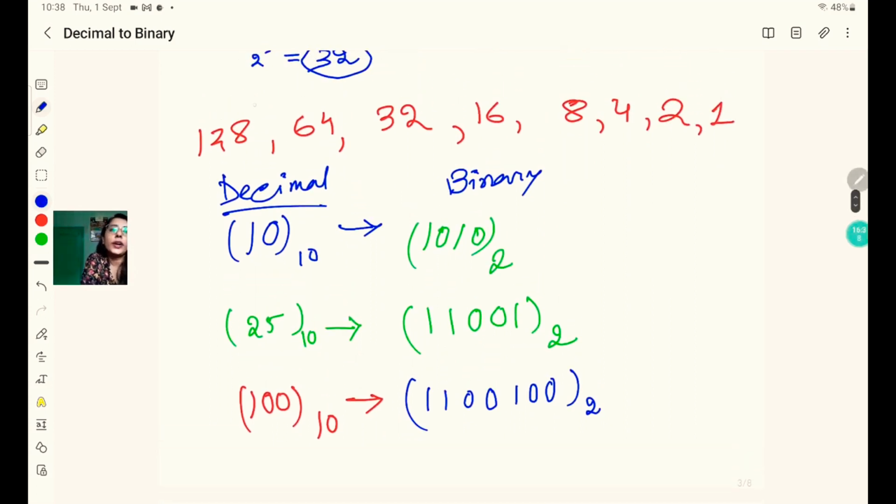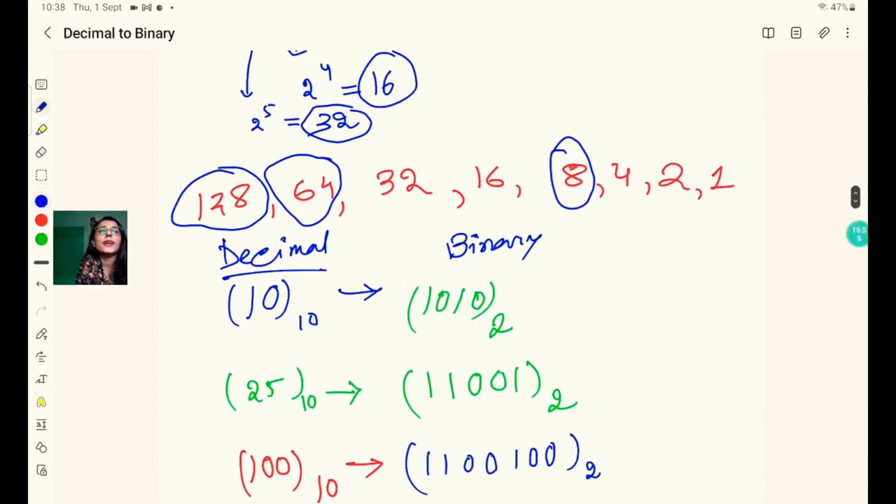Take 128. Now take 64 and now take 8. Add these three numbers: 128, 64 and 8. Does it make 200? Yes. So give 1 in this position, 1 in this position, 1 in this position and all the rest of the positions are 0.